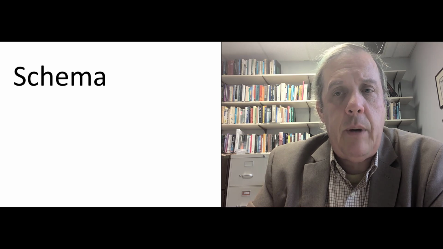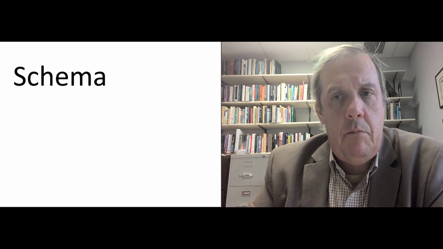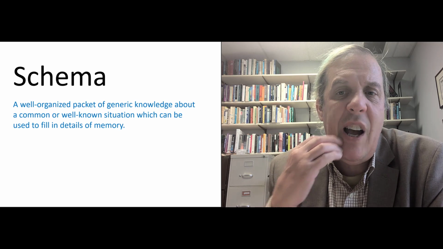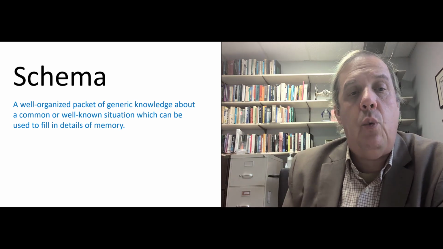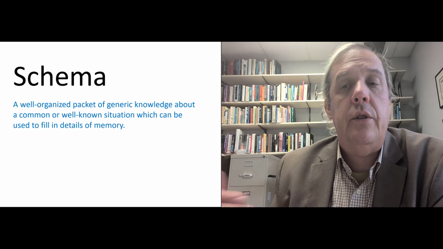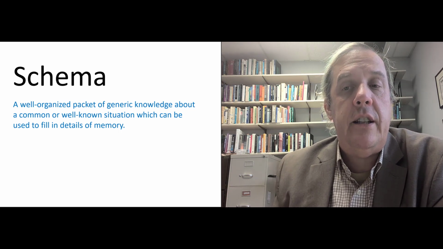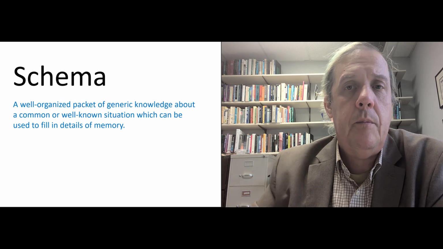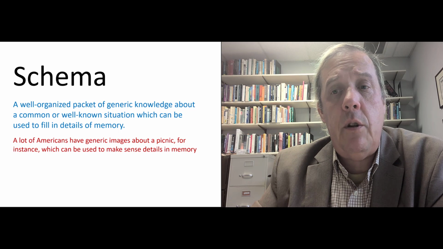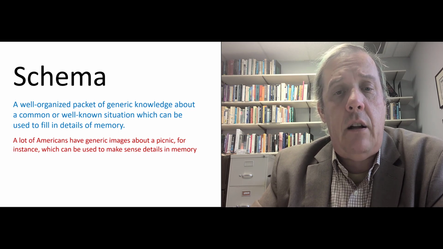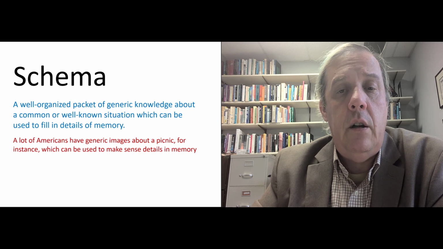Another important thing to think about here is the idea of a schema. A schema is a well-organized packet of generic knowledge about a common or well-known situation that is used to fill in the details of memory. And the example that Southworth and Swire give is the image of a picnic, right?